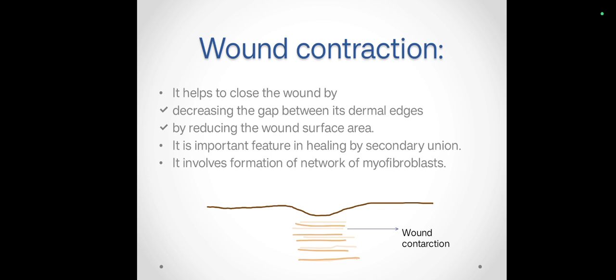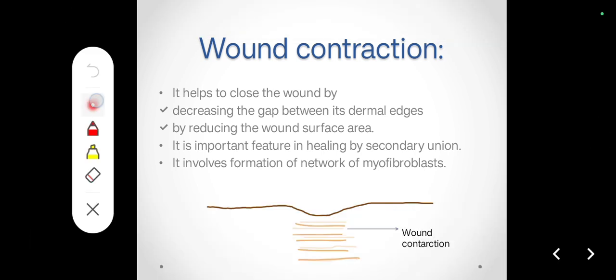Myofibroblasts are nothing but modified fibroblasts which help in wound contraction. Now you can see the surface area of the wound is reduced and the wound is contracted. It is looking pale as compared to the wound which was looking red in color by day 5 of injury.